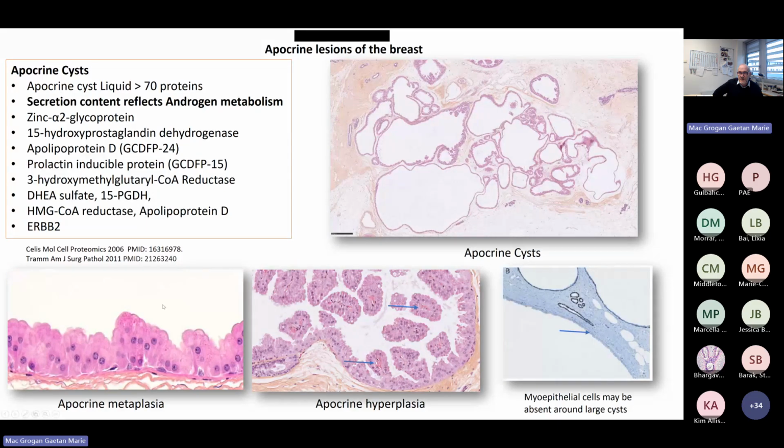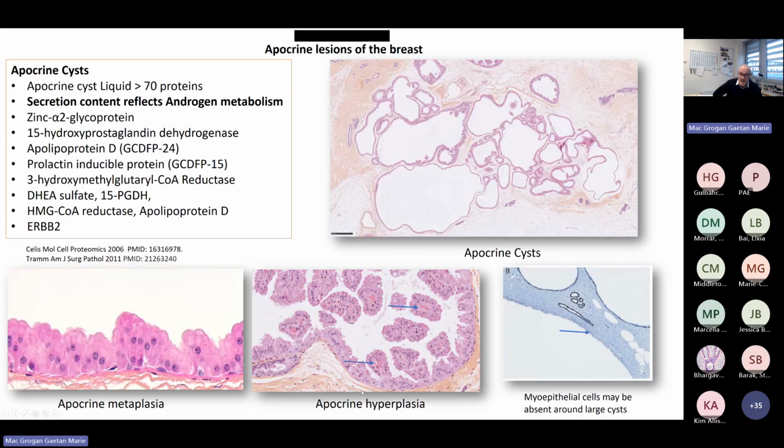Now, here are some examples of the apocrine cyst. In the upper right part of the slide, you can see cysts of varying sizes, and they are lined by apocrine cells. This can either be apocrine metaplasia, where you have a pseudostratified epithelium of apocrine cells, or it can form apocrine hyperplasia.